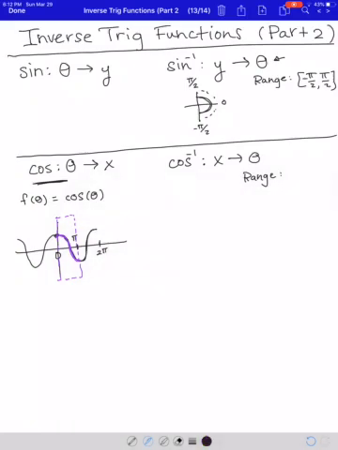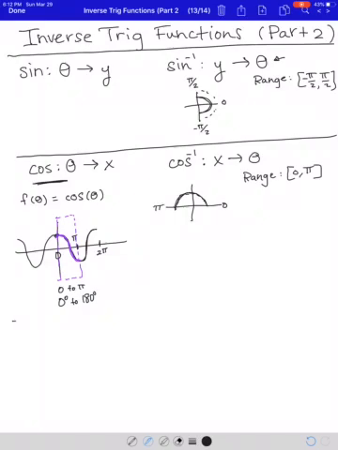This interval is 0 to pi, or in degrees, 0 degrees to 180 degrees. Since our original function is 1 to 1 on this interval, that tells us that the range of the inverse is 0 to pi. If we were to visualize this, it is basically the top half of our unit circle, starting at 0 and going all the way around to pi.